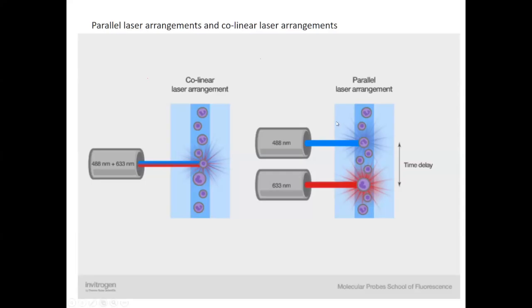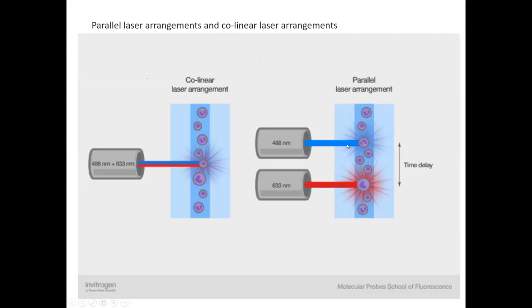Whereas the other laser arrangement is the parallel laser arrangement, where you can see there is a blue laser and below that a red laser, and these are the cells flowing. Every cell will get interrogated first by the blue laser, and after a period of time it descends down and gets interrogated by the red laser.